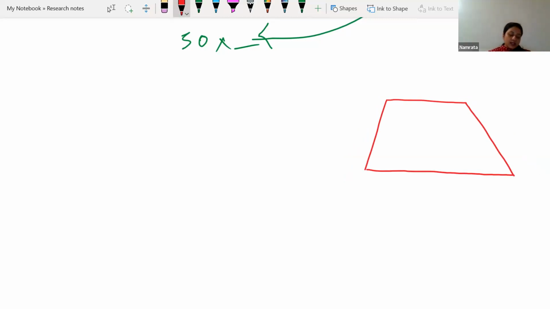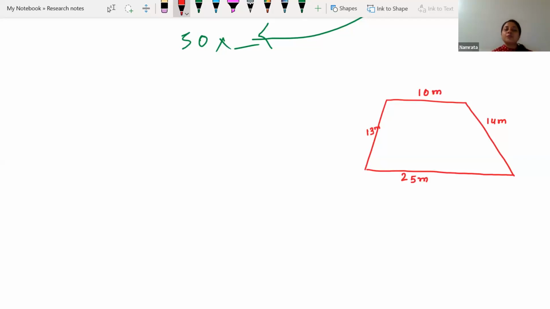Whose parallel sides are 10 meter and 25 meter. The non-parallel sides are 14 meter and 13 meter. So this is 14 meter and I am keeping this as 13 meter. Find the area of the field. We have to find the area of the field.